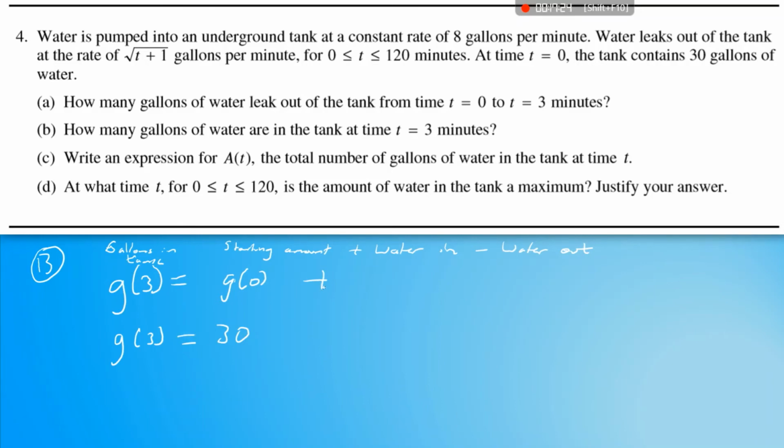Okay, then I have to add my water in. So we were told that the water is coming in at a rate of 8 gallons per minute. So if it's coming in at a rate of 8 gallons per minute, how much water came in after 3 minutes? 24. Okay, so that is the integral from 0 to 3 of 8 in terms of time.